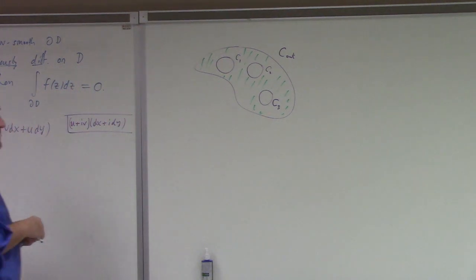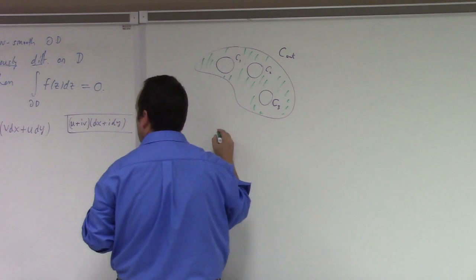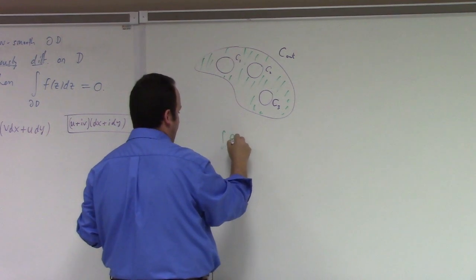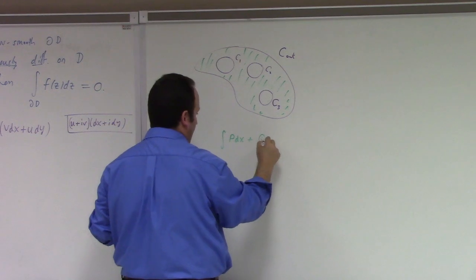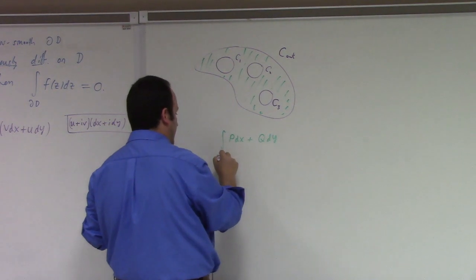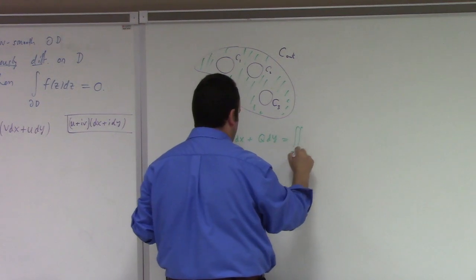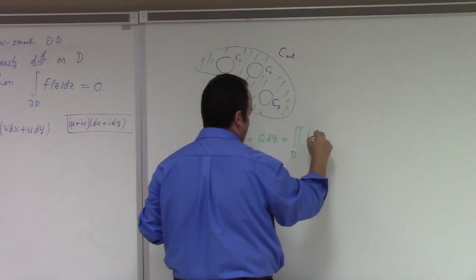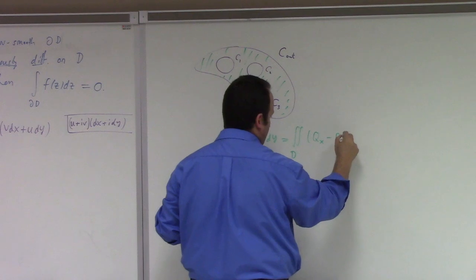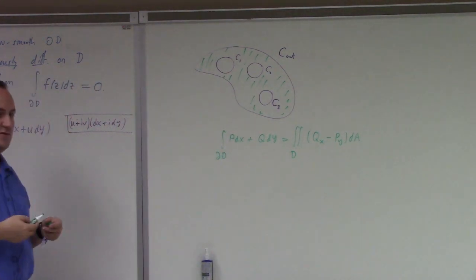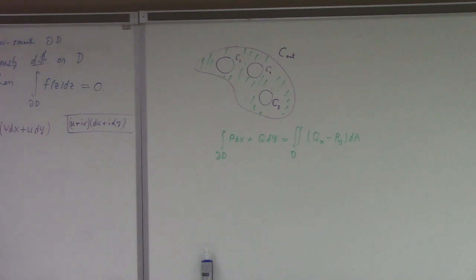Yeah. So Green's theorem still looks the same. In other words, the integral of p dx plus q dy over the boundary of D is equal to the area integral over D of qx minus py dA. This is still true. The issue is the interpretation of the boundary of D. What's that mean? You have to positively orient it.